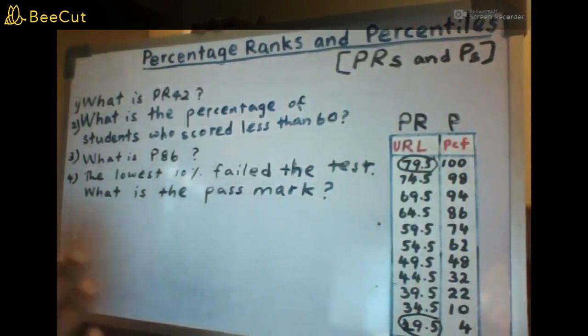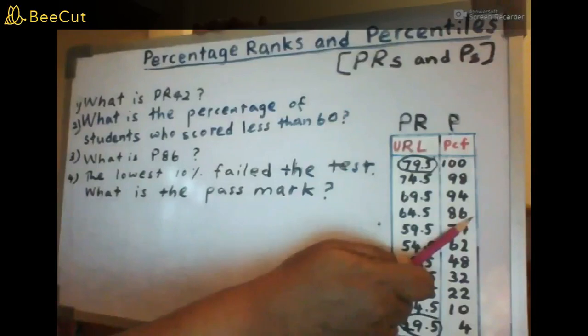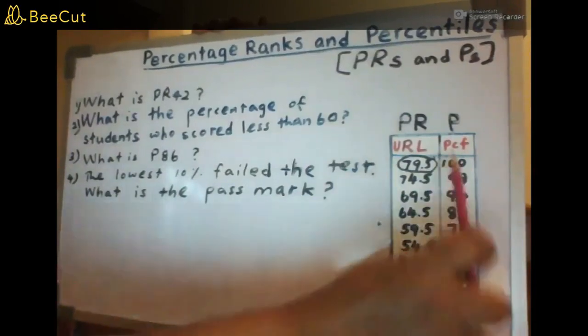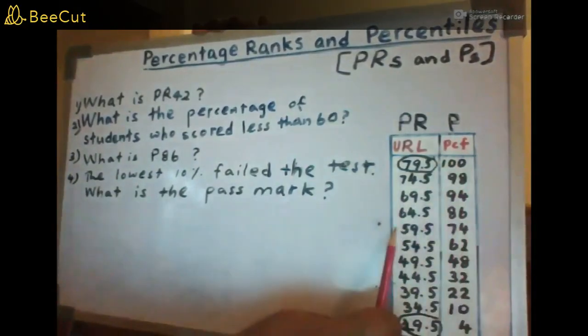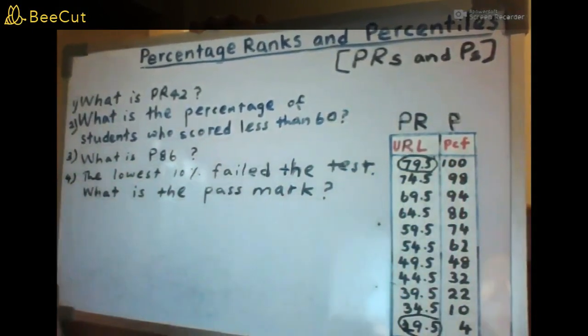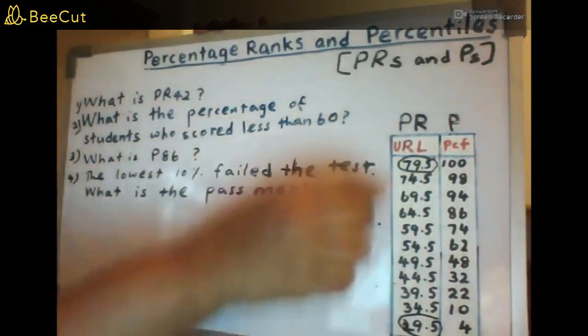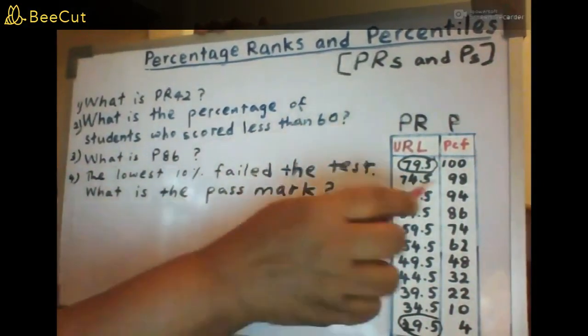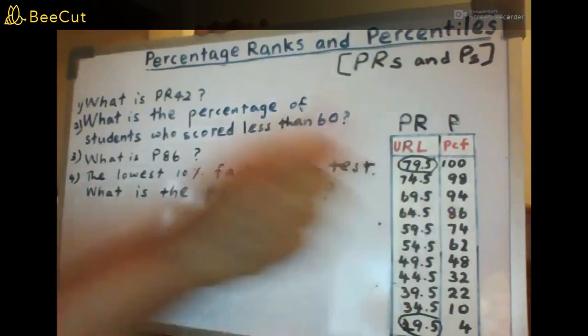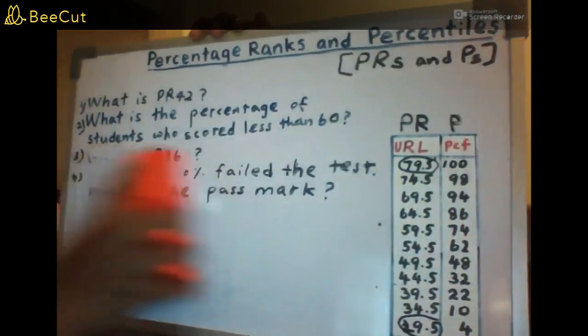Either they will give you the mark and ask for the relevant percentage, or they will give you the percentage and ask for the relevant mark. Those are the two ways they do. So we'll take the marks column when they give a particular mark and ask for the percentage.